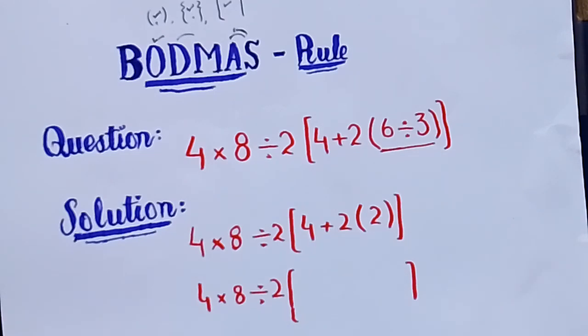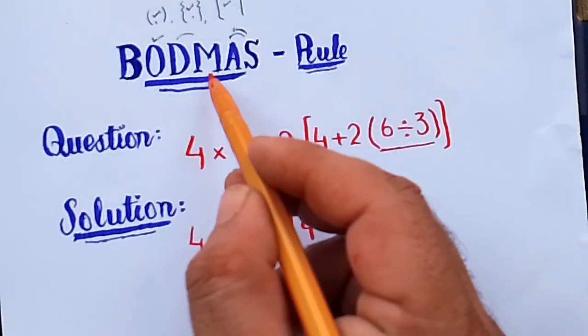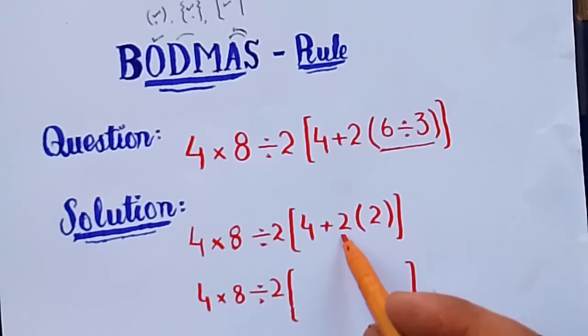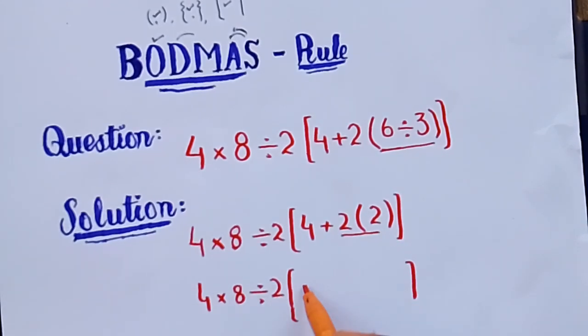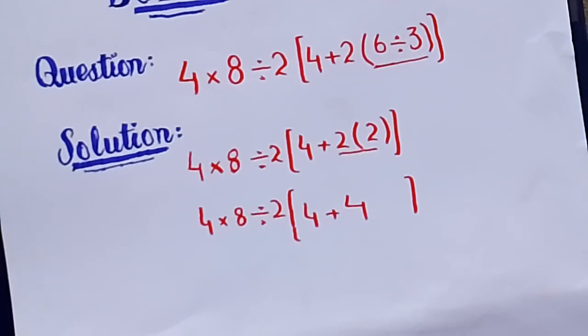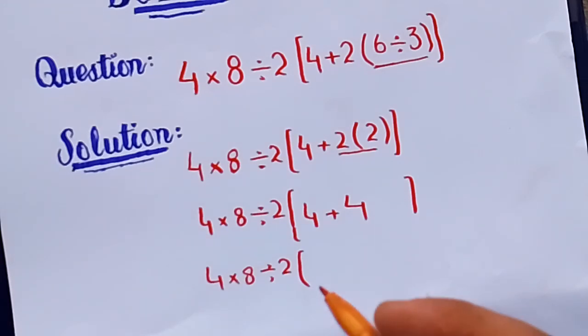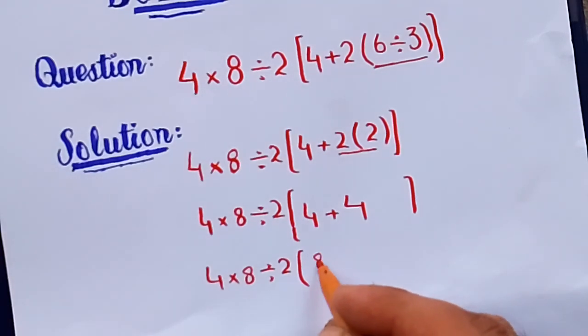So according to BODMAS, we have to solve multiplication first. So 2 multiplied by 2 we can write as 4. So this bracket is also solved. Now there is only one operation, which is addition. So 4 plus 4, which we can write as 8.